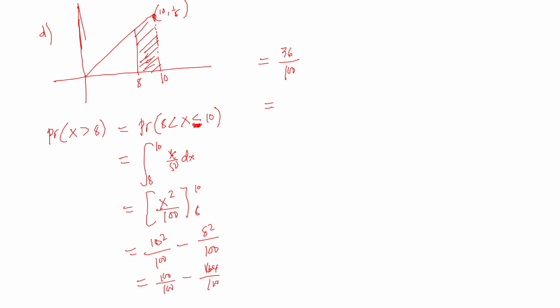So 36 over 100, that is 9 over 25. So P(X > 8), that is the probability that a fish weighs more than 8 kilograms, is 9 over 25.